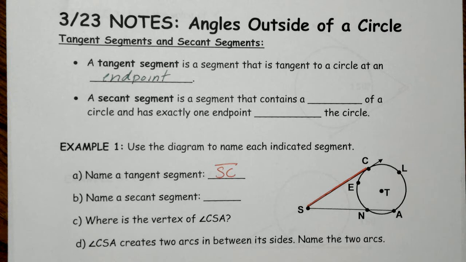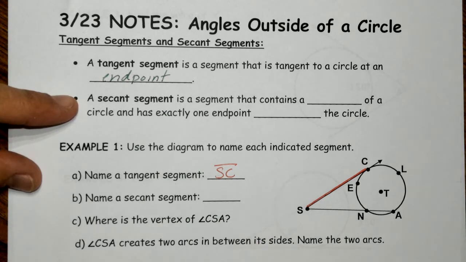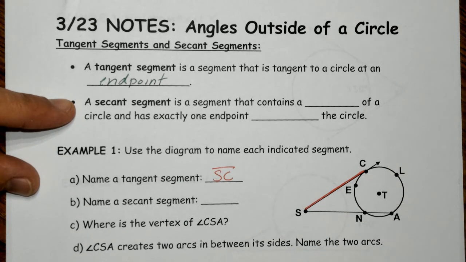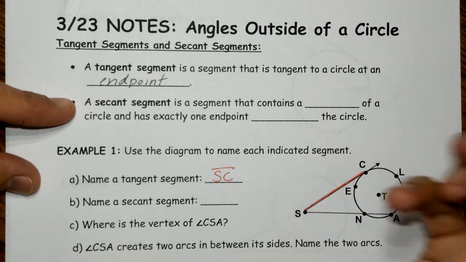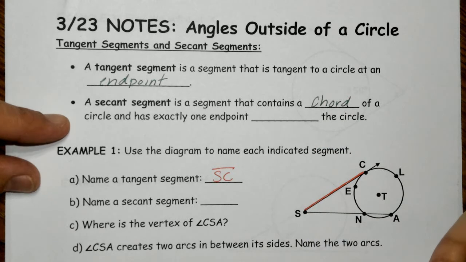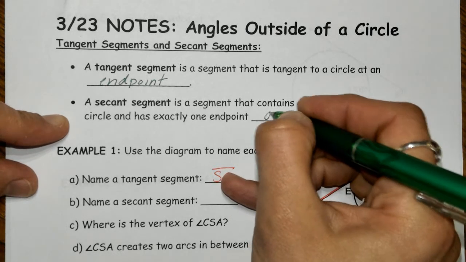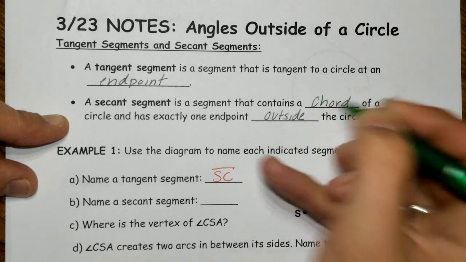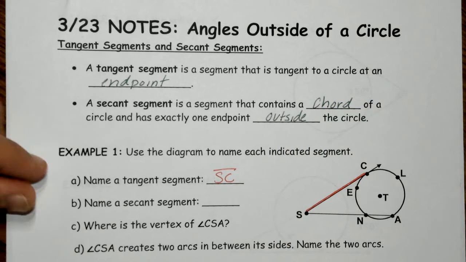We have segment SC. Then you are going to have your secant segment. Secant slices through. So your secant segment is a segment that contains a chord of a circle and has exactly one endpoint outside the circle. So when we take a look over here, we have our other line over here.